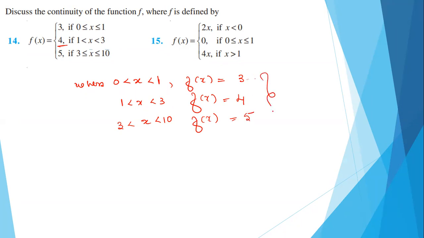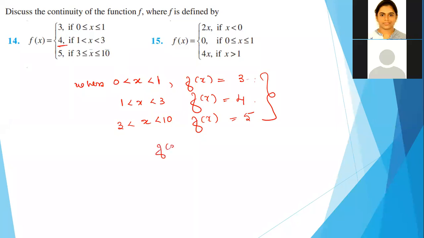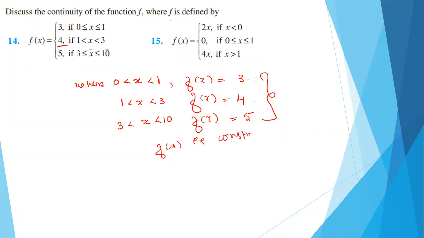And in all these three cases, the function is a constant. We are getting 3, 4 and 5. So we can conclude f of x is a constant in all cases. Therefore, f is continuous.